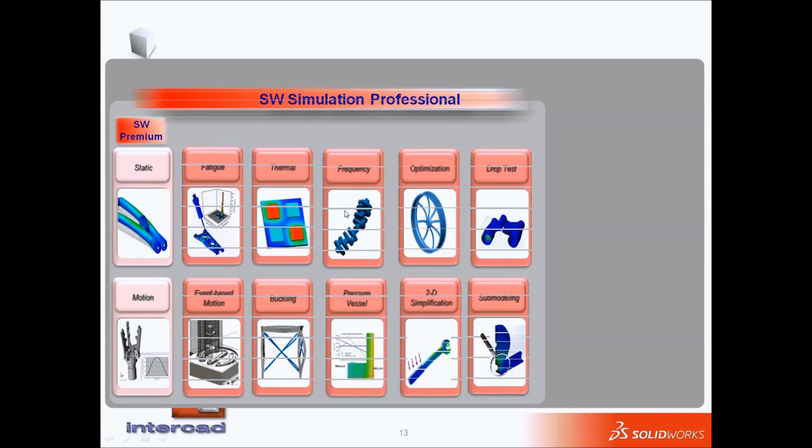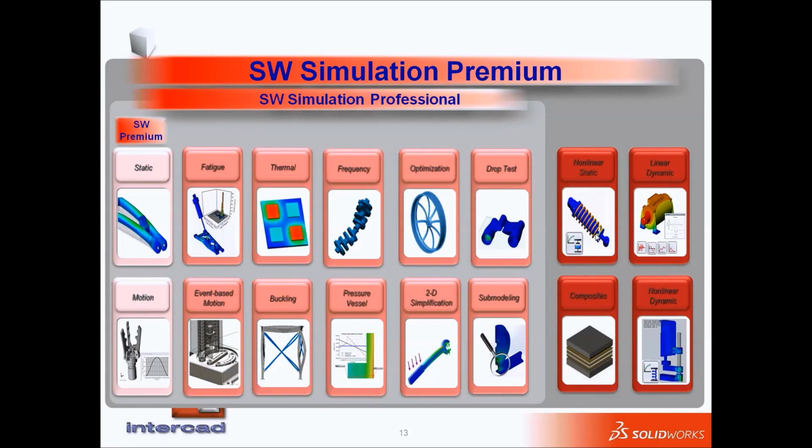If you like to have more options, such as fatigue, thermal, frequency, optimization, which is the topic for today, drop tests, submodeling, pressure vessel, buckling, and event-based motion, you have to upgrade your software to SolidWorks Simulation Professional. And also at the end, if you need nonlinear static analysis or linear dynamic or composite or nonlinear dynamic, the next upgrade would be SolidWorks Simulation Premium.